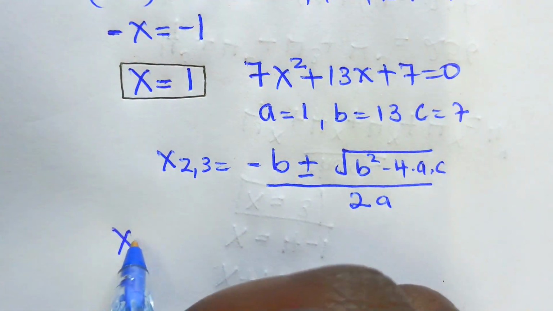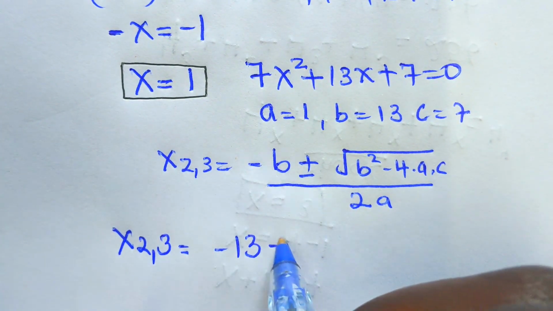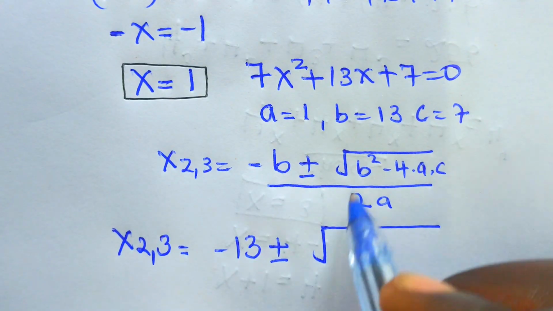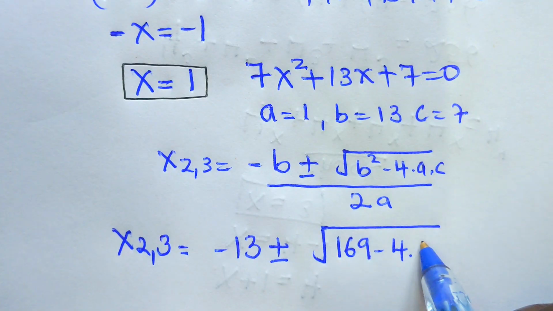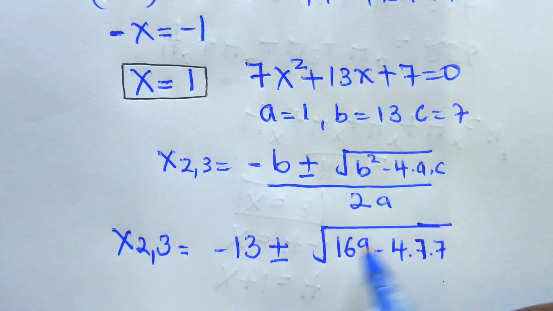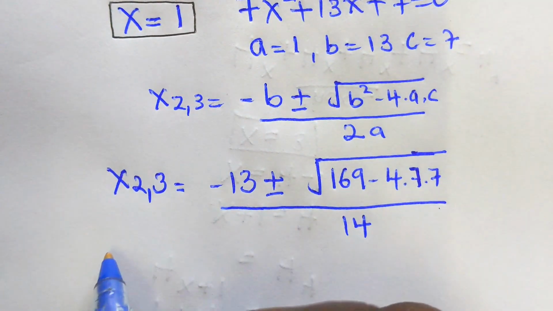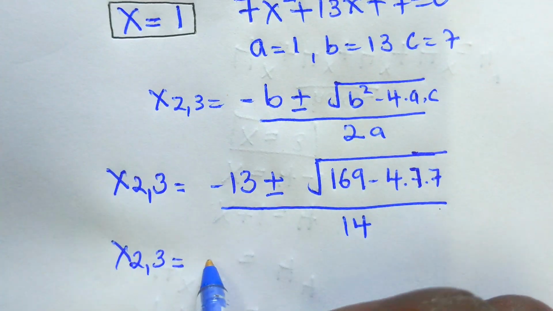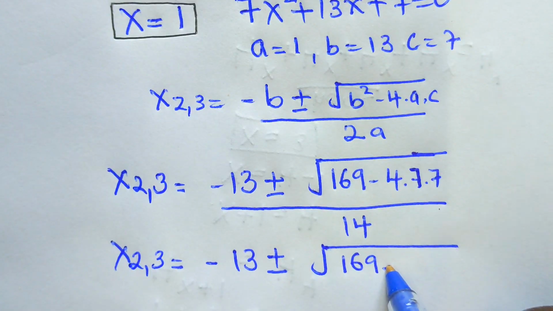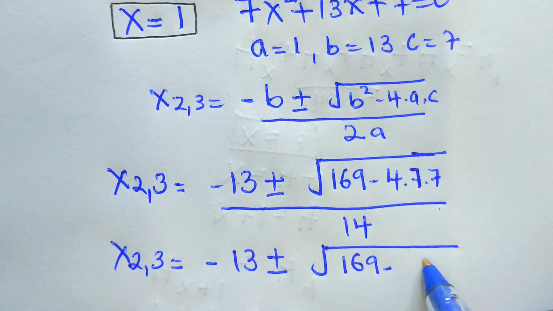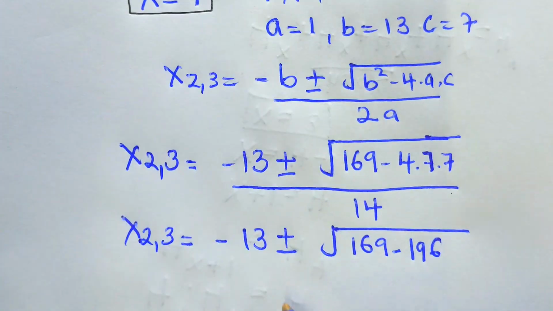And this will be x2 or x3: negative 13 plus or minus the square root of 13^2, which is 169, minus 4 times 7 times 7, over 14. So x2 and x3 will be negative 13 plus or minus the square root of 169 minus 196, over 14.